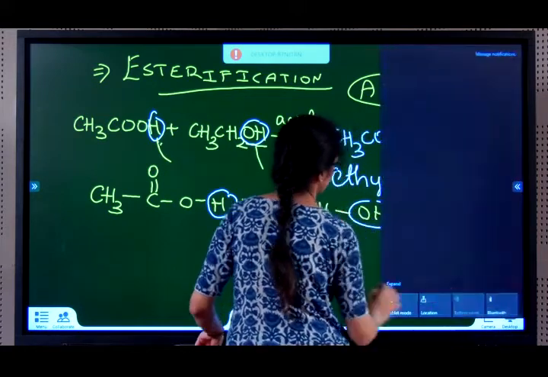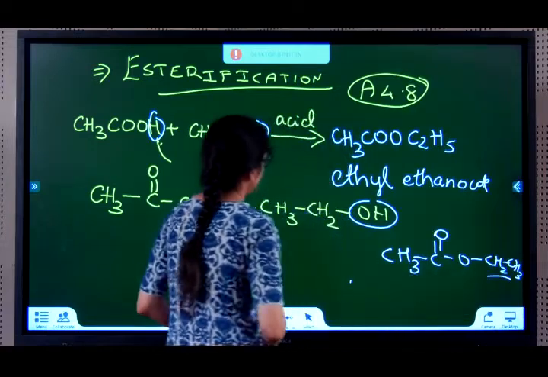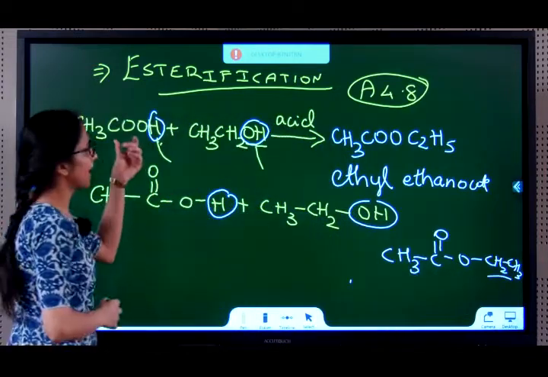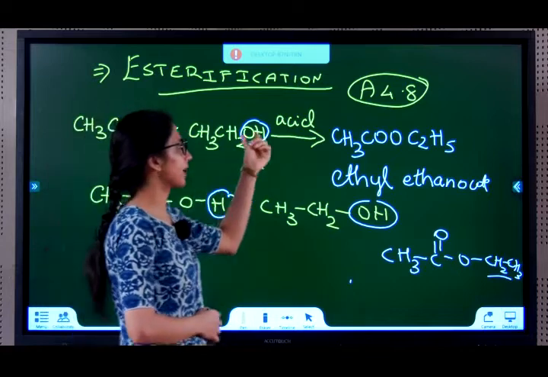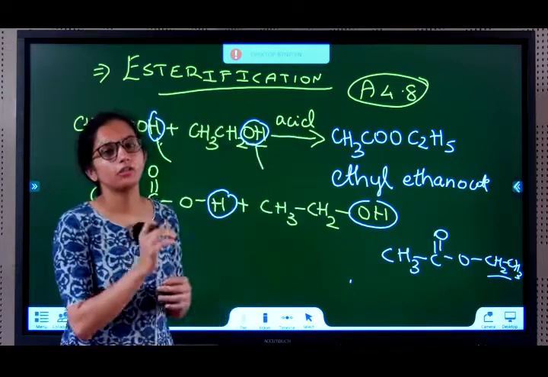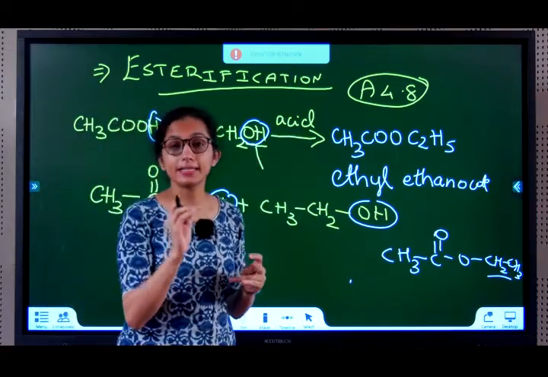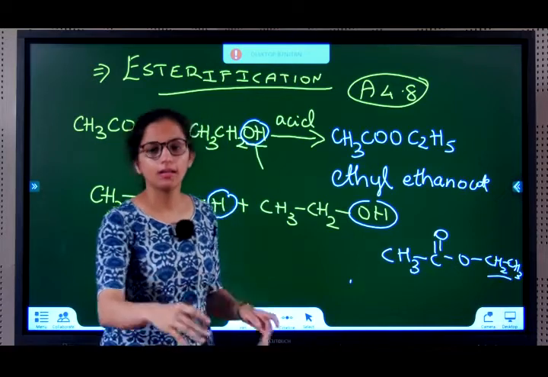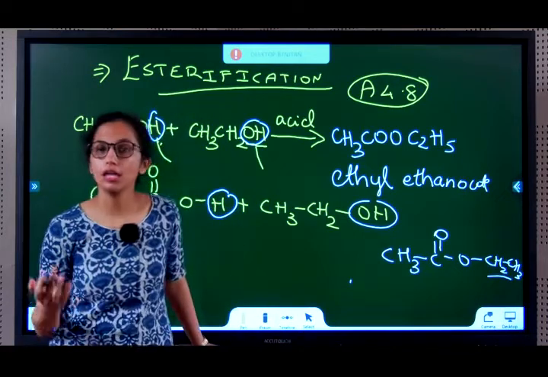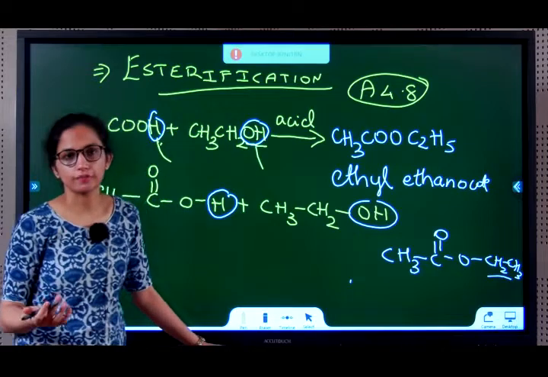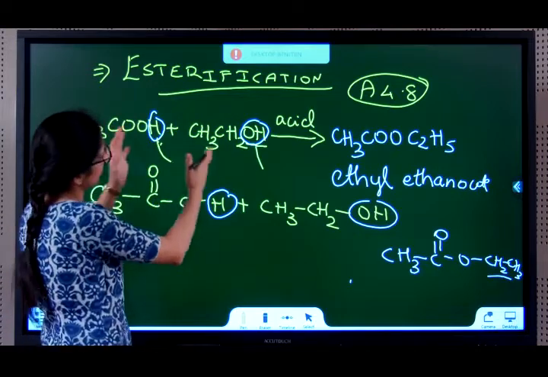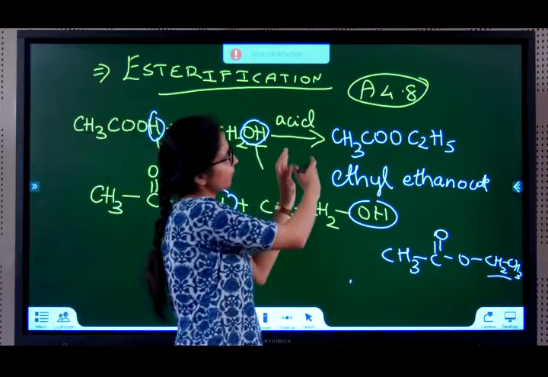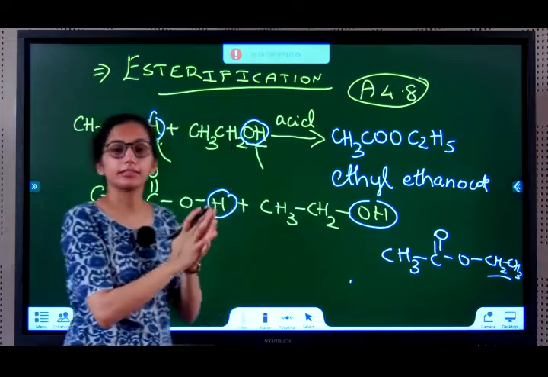Ethyl group here. Fine. So in general, can I say alcohols react with carboxylic acid in the presence of acid to produce a sweet smelling substance called ester. This process is itself called esterification. So alcohols react with carboxylic acids in the presence of acid to give esters.